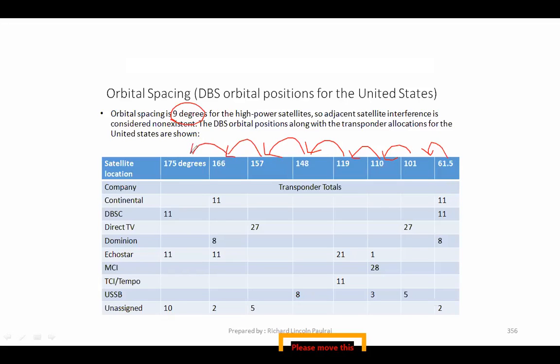I hope these concepts are understood by all of you. So these are different service providers who are looking into the satellites. They have their own satellites placed in different degrees or coordinates.